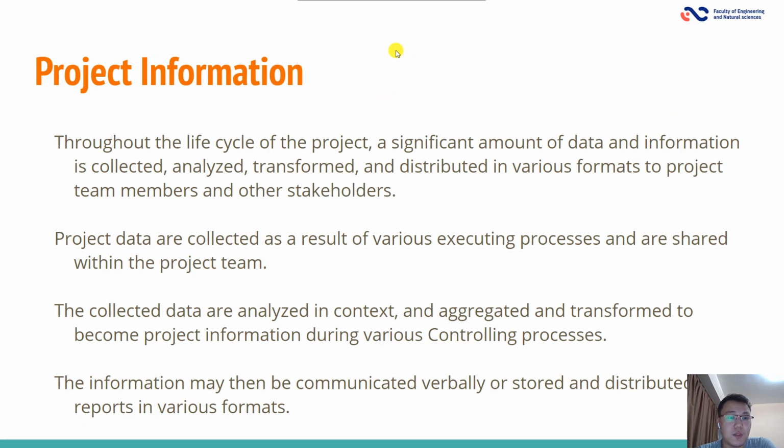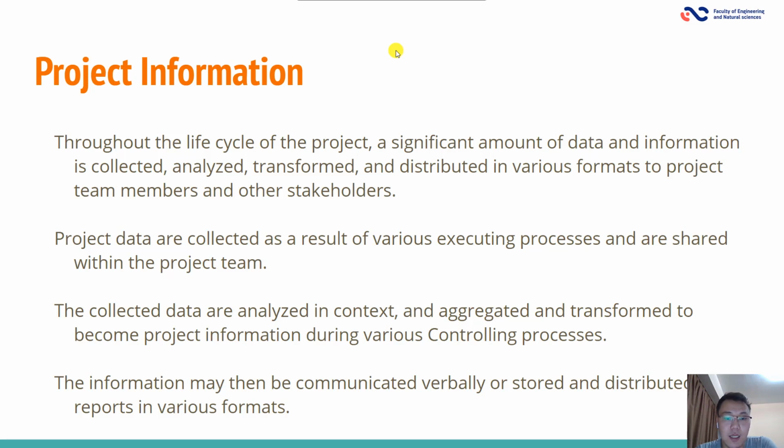Project information. Over the life cycle of the project, a significant amount of data and information is collected, analyzed, transformed, and distributed in various formats to the project team members and other stakeholders. Project data are collected as a result of various executing processes and are shared within the project team.